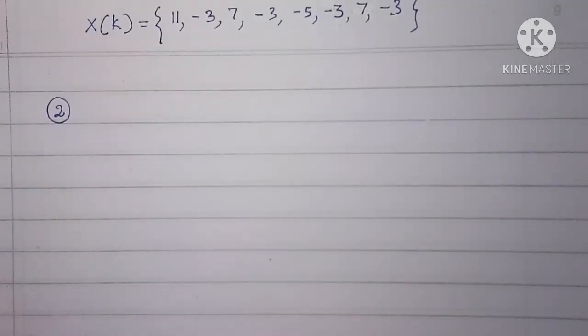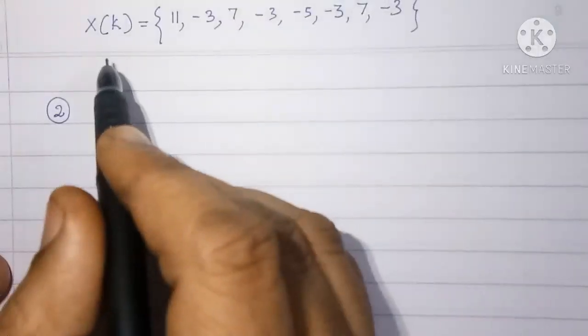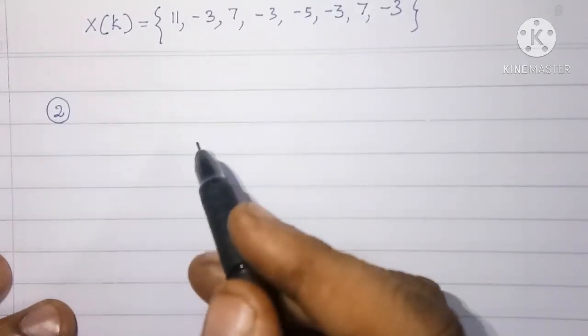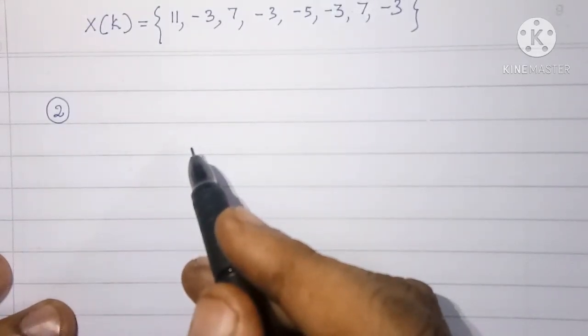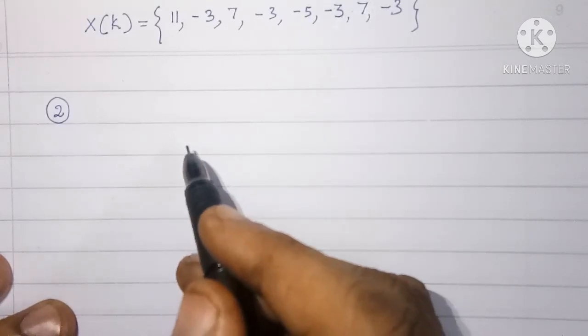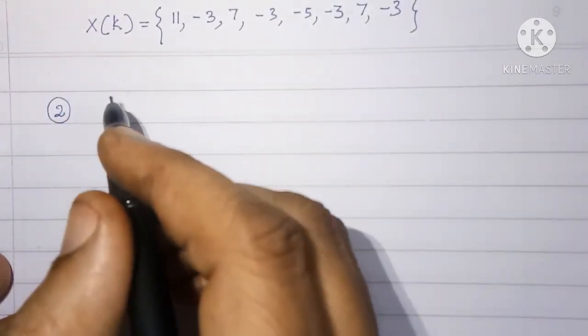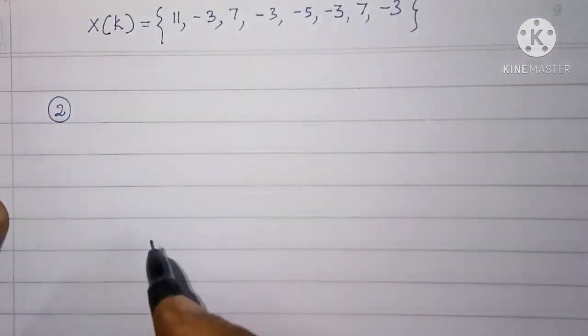Now we will take second question. In second question we will find the IDFT, that is inverse discrete Fourier transform of x of k that we have got here using DIF FFT algorithm.